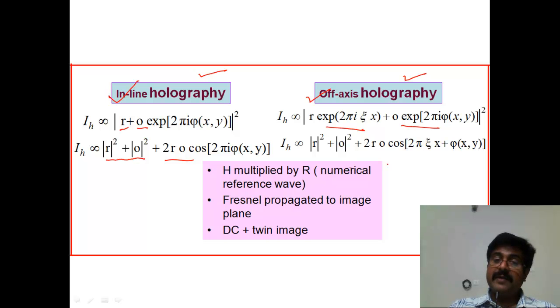The hologram is multiplied by the numerical reference wave, and then Fresnel propagated to the image plane, which is a mathematical Fresnel transform implemented using a computer. If it is inline holography, these terms will be merged together. In off-axis holography, there is a small separation due to the offset angle between the object and reference waves.